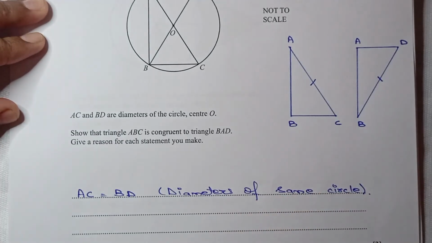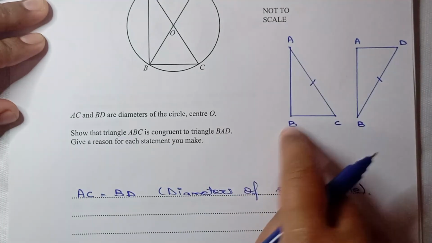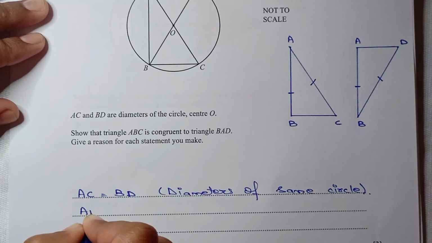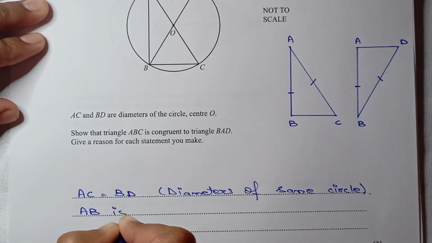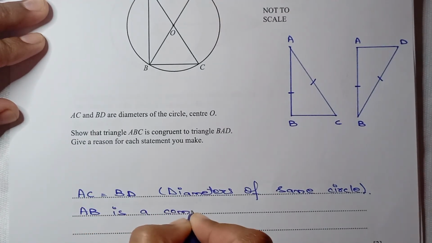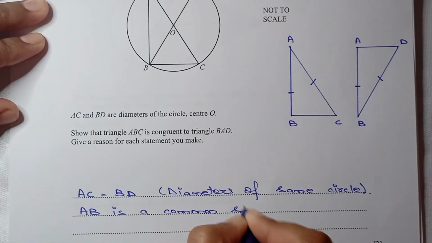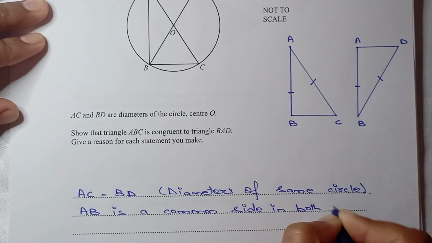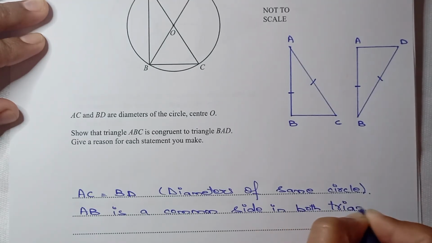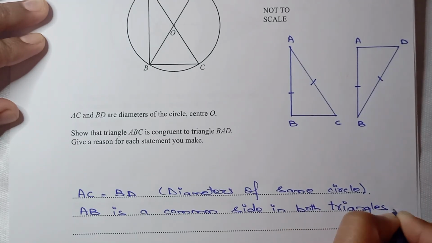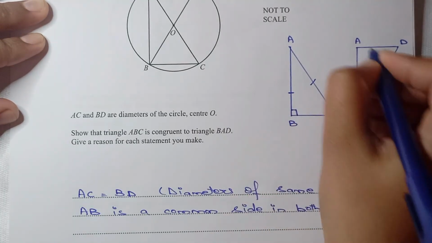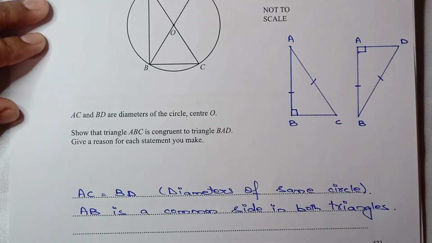Okay. Now we can see AB and AB. These two sides are common. AB is a common side in both triangles. That's the second statement. Now for the third statement, this angle is a right angle and this angle is a right angle. It's 90.